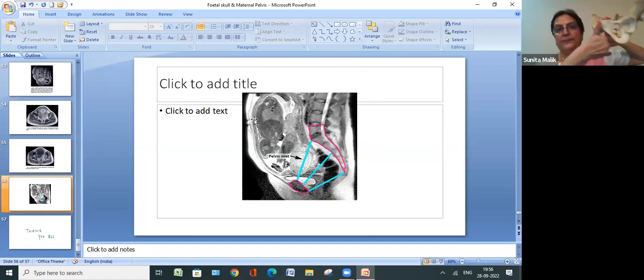This is your finger. This is the thumb, and it tries to push the head down. If the head goes, at the onset of labor, we are in fact able to rule out CPD best. So if the head is going in, not touching your thumb, then it is no CPD.